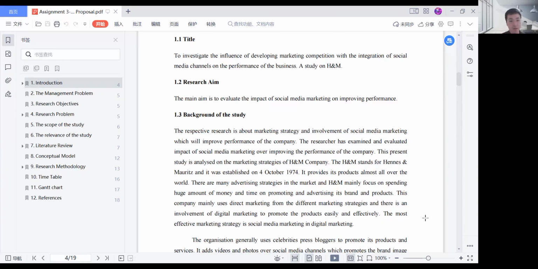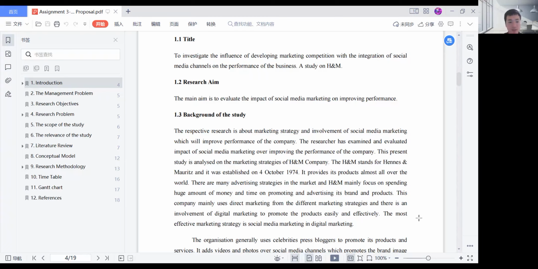This company mainly uses direct marketing from the different marketing strategies, and there is an involvement of digital marketing to promote the products early and effectively.